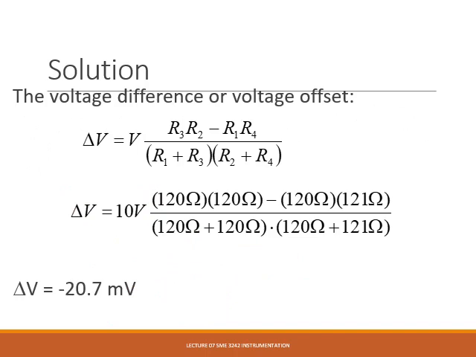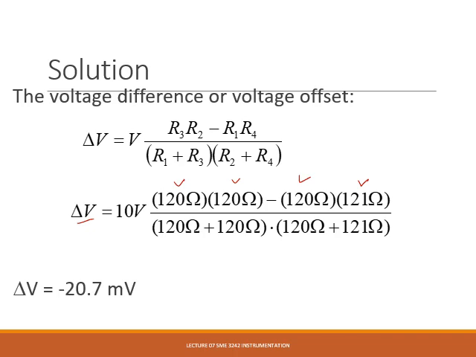So the solution is very simple. We just need to replace all the values of the resistors into the equation. Since R3 is given, R2 is given, R1 is given, and also R4 is given, from there we will be able to calculate delta V. The values for R3, R2 and R1 are 120, and only R4 is 121.